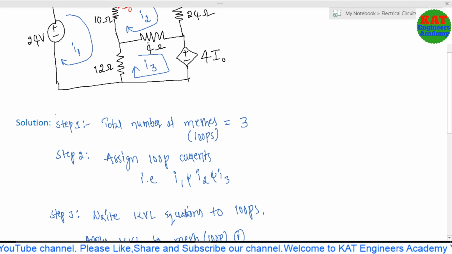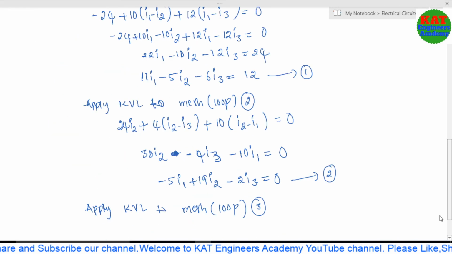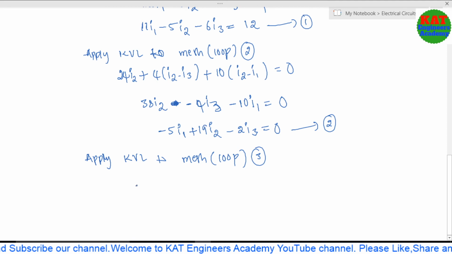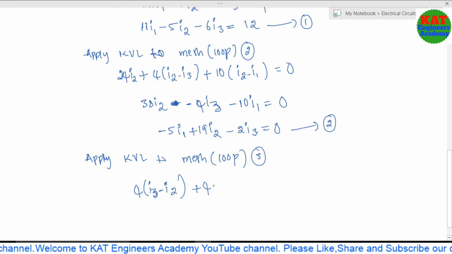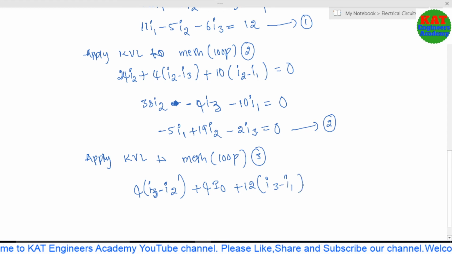So 4 into (I3 minus I2), because with respect to the third loop we are writing the equation, next plus 4 I0, plus 12 into (I3 minus I1), equal to 0. So that is how you write the KVL equation for the third loop.